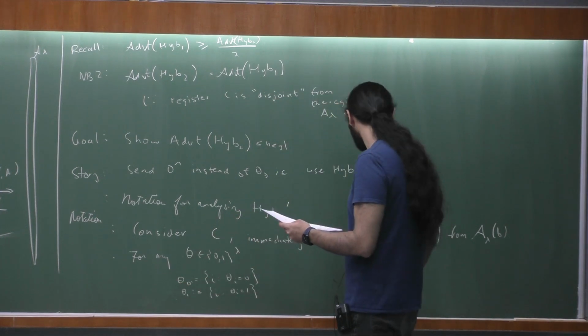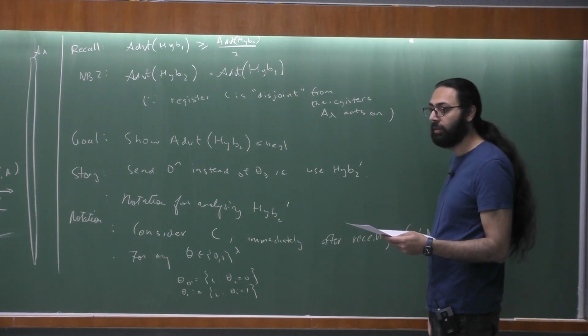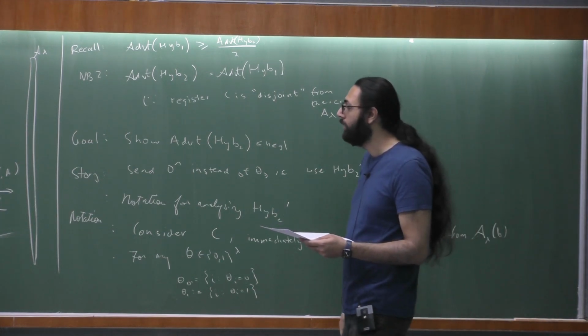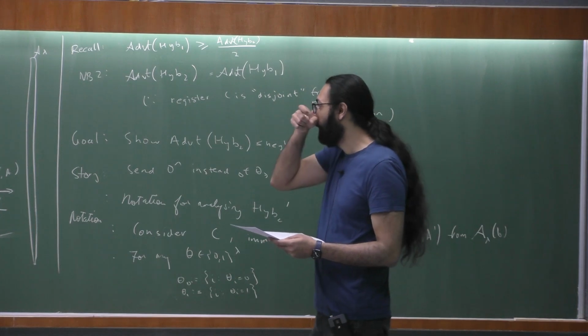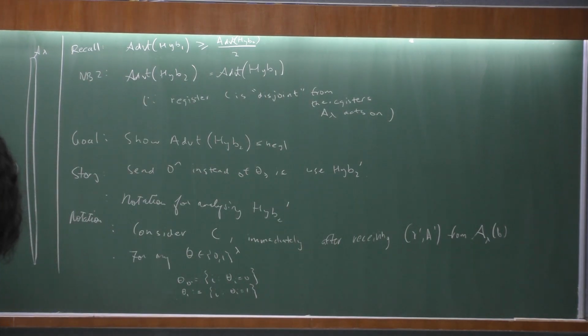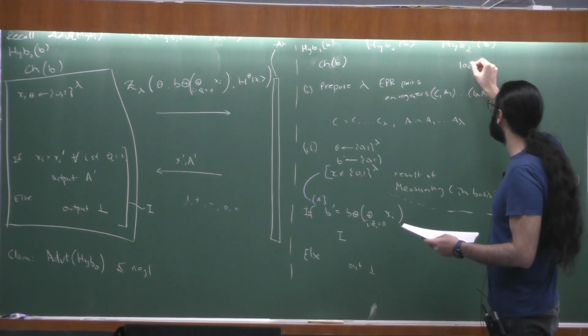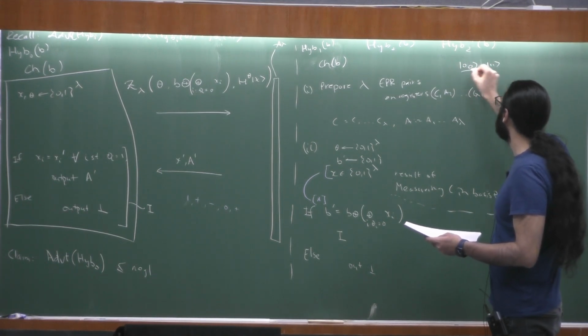So could you write the state, this CA state, the state on the register CA, and there was one more register. CA is just, you know, 0, 0 plus 1, 1 over root 2.